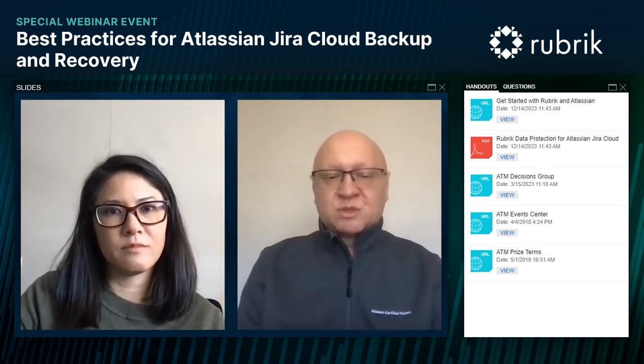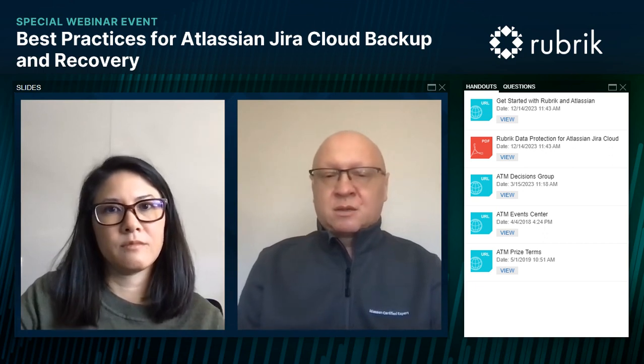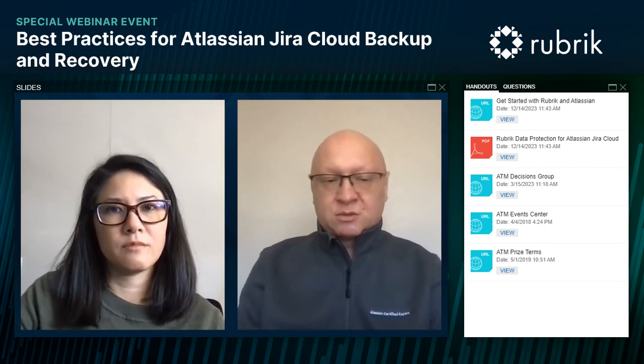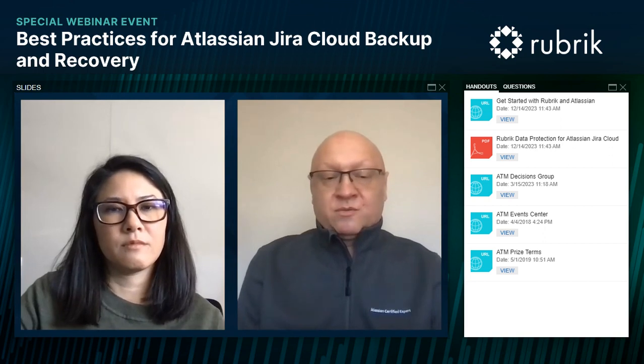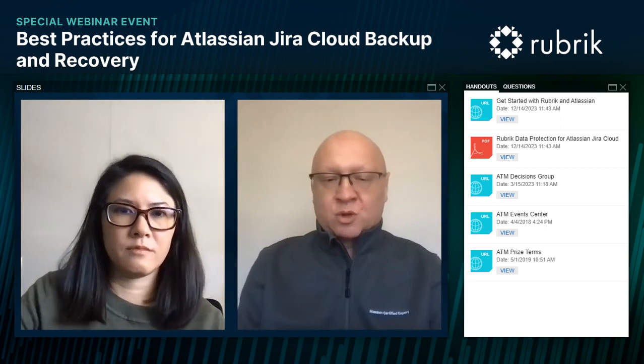The marketing team uses it for the company website. Support uses it to track the customer found defects and map them and track them together with engineering as one cross-functional organization. So for Rubrik, Jira is at the core of all the operations across the whole company.